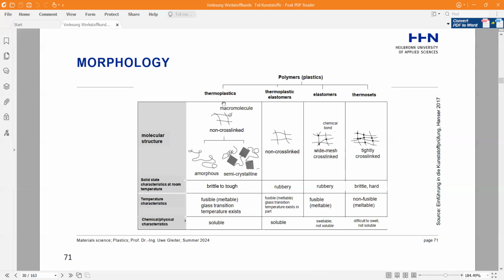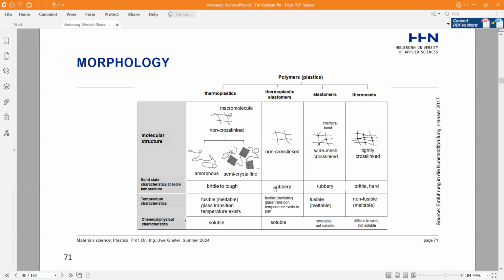Thermoplastics can be described by analogy to chocolate. In thermoplastics and thermoplastic elastomers, we have a non-cross-linked structure, rubber in solid state at room temperature. It's fusible, the glass transition temperature is in part, and it's also soluble. For elastomers or rubber, we have a structure with chemical bonds, wide mesh cross-linked.